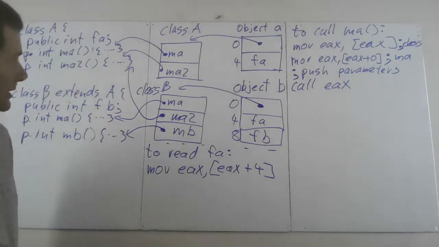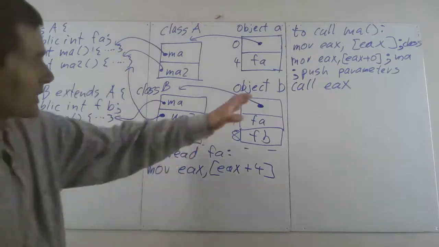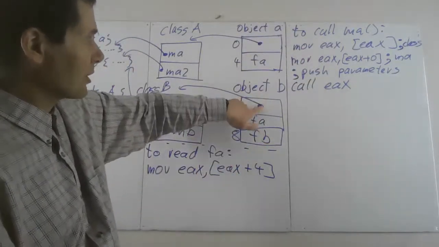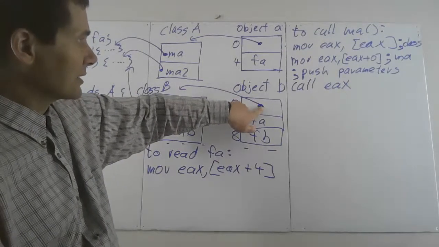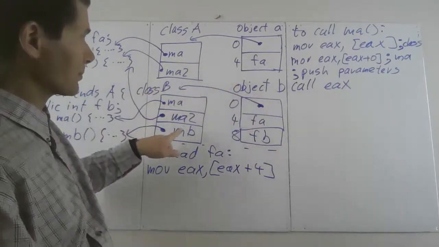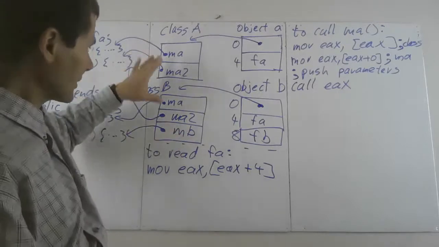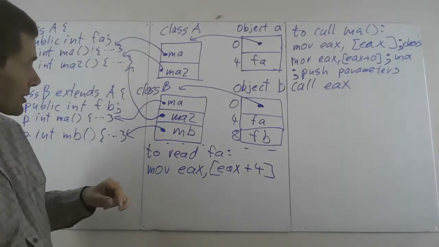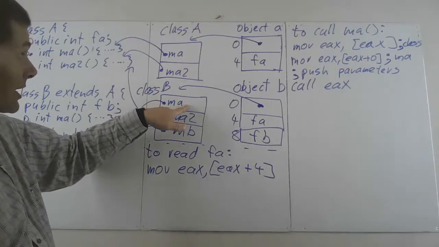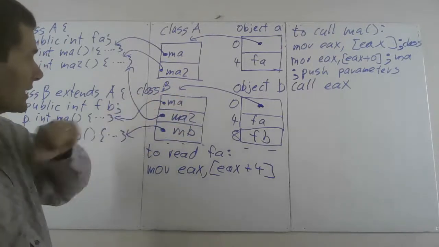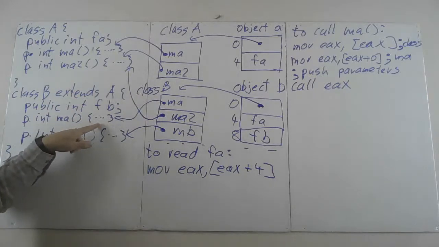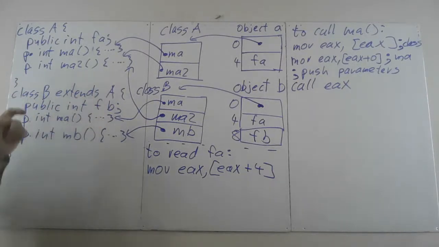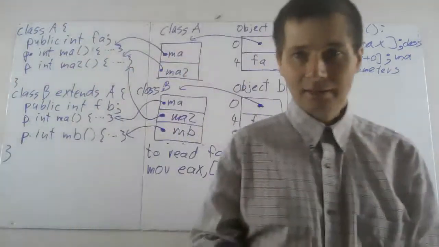This way, the same code, if I happen to have an object of class B, is going to dereference the class pointer and get the class data structure, because that has the same layout as the superclass data structure. It's going to find MA at the same offset, and that's going to take it to the correct implementation of that method for the subclass.